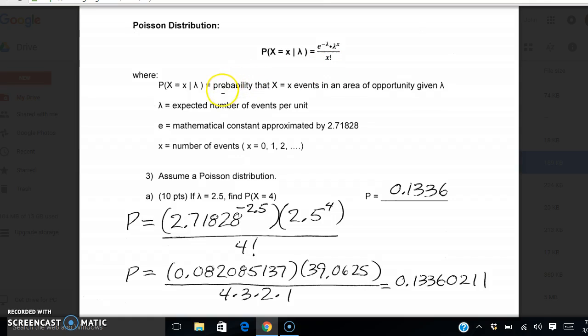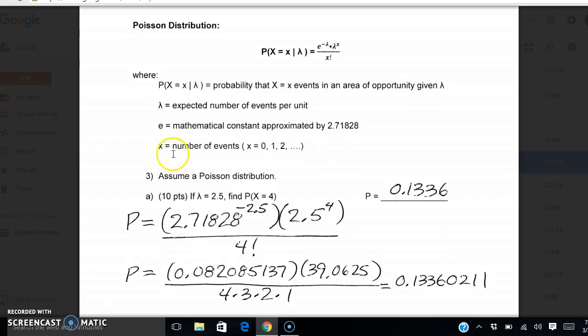You'll see here that lambda is the expected number of events per unit time, which is how we will be using the equation. The lambda is the mean or the average number of events. We have the letter e, which is a mathematical constant, and we'll be using this value right here, so that the e is always 2.71828.